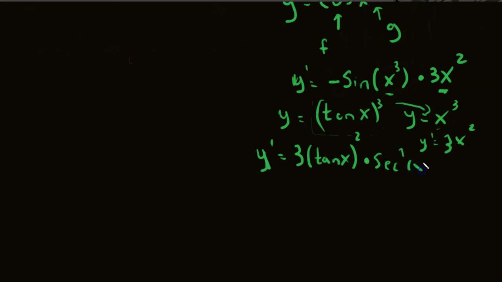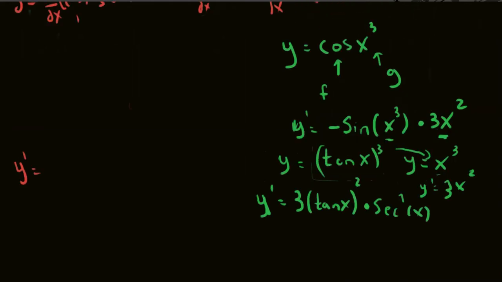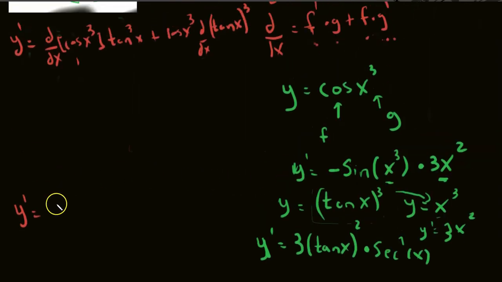Memorize this. So that our final answer will be this long expression here. We said that the derivative of cosine x cubed was negative sine x cubed multiplied by 3x squared. Then we have the tan cubed x expression where we left it alone.